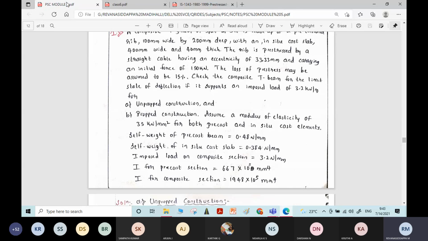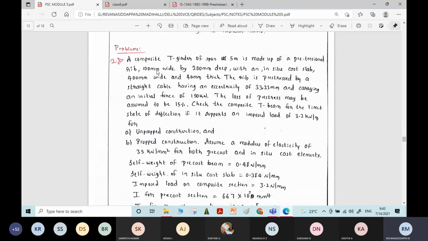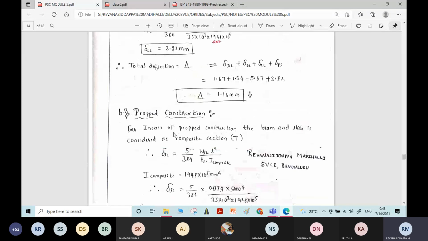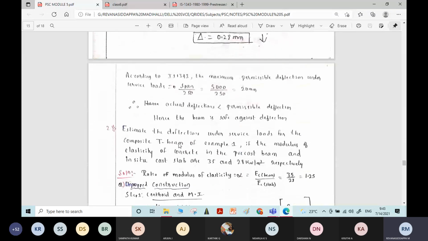So this is a problem on deflection. Now I will solve one problem on the flexural strength of a composite beam.